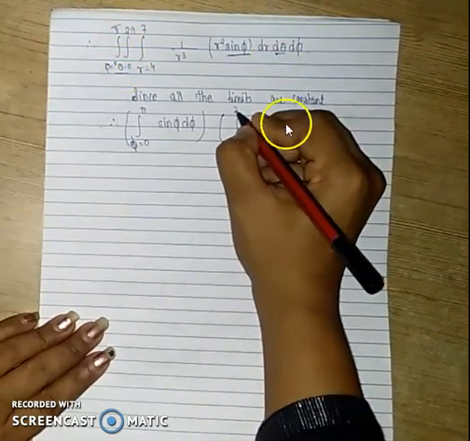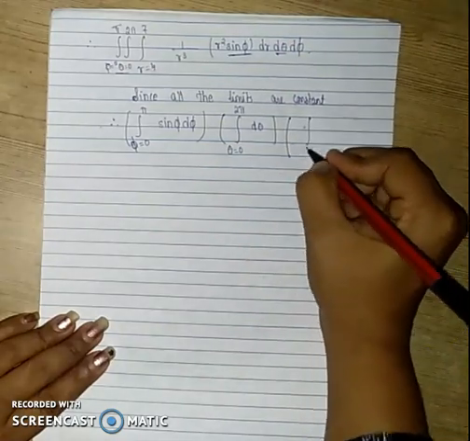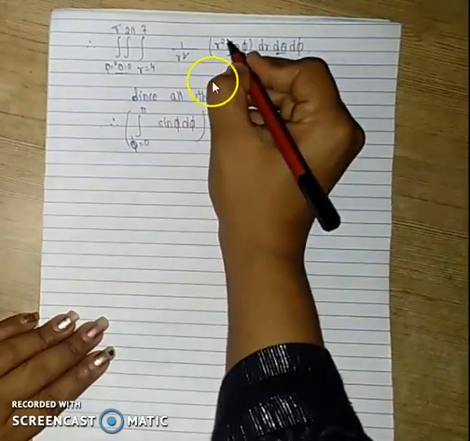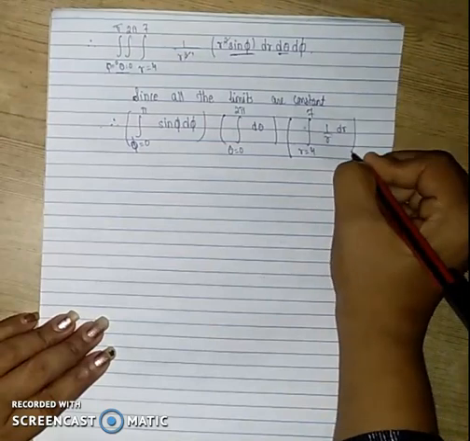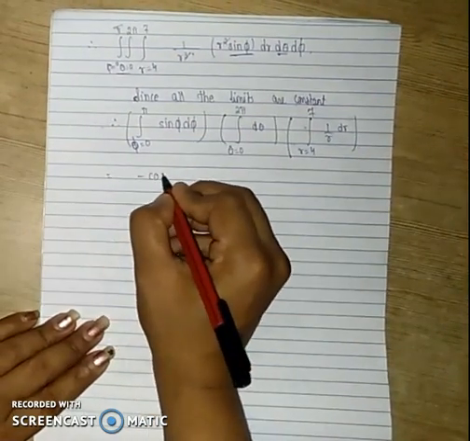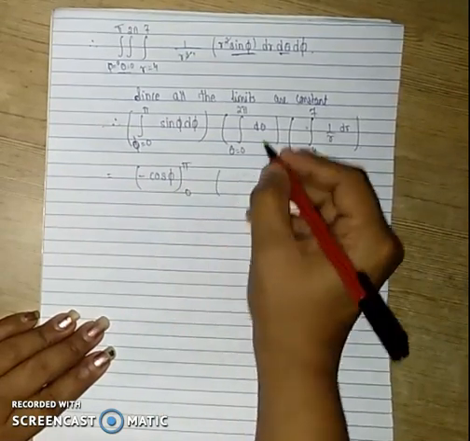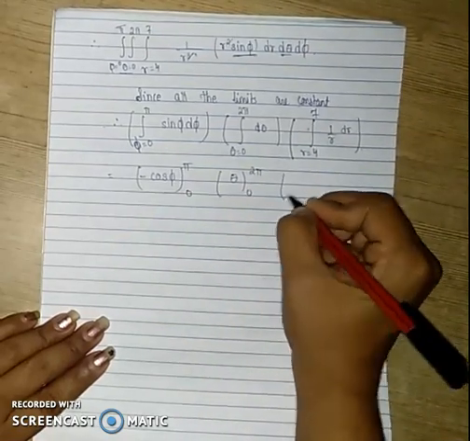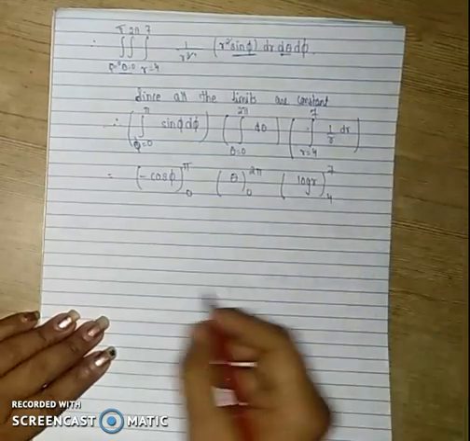Since there is no term of theta, I'll just write d theta. The next is r from 4 to 7, r cube, r square gets cancelled, 1 upon r dr. Now the integration of sin phi is minus cos phi within the limit 0 to pi. The integration of 1 is theta, 0 to 2 pi. 1 upon r integrates to log r, from 4 to 7.